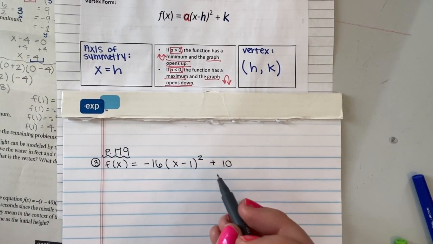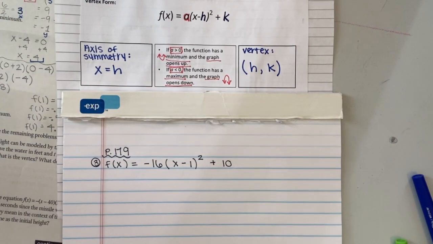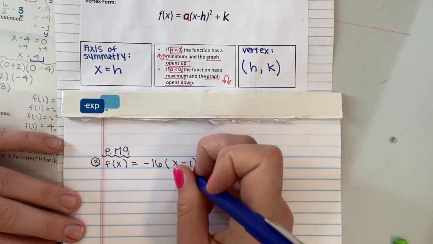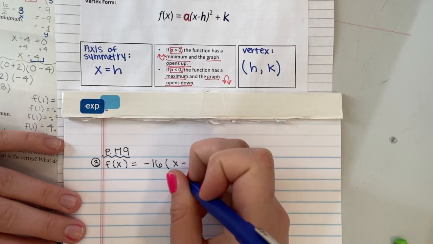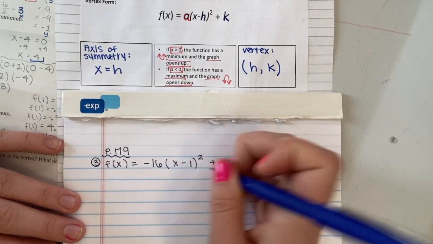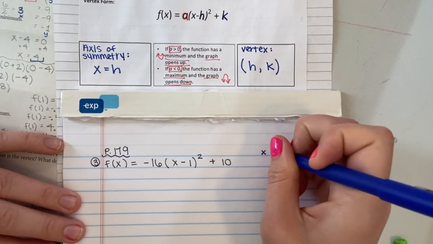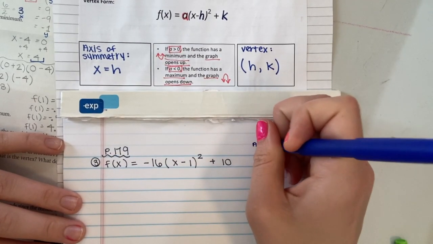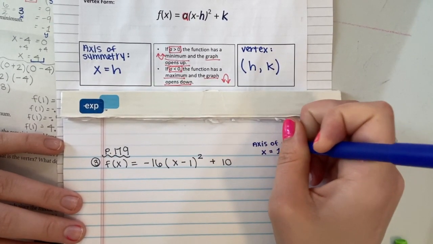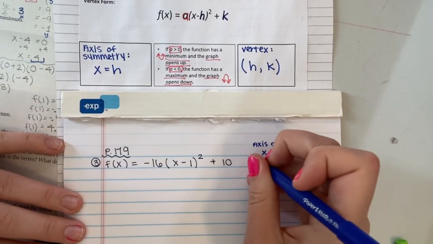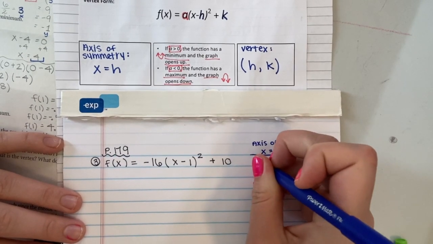So just looking at this, I have all the information I need that it can provide just by looking at it in this format. So I know that minus h, it's a subtraction sign, and then whatever this value is is my h, which is my axis of symmetry, and it's the x value of my vertex.